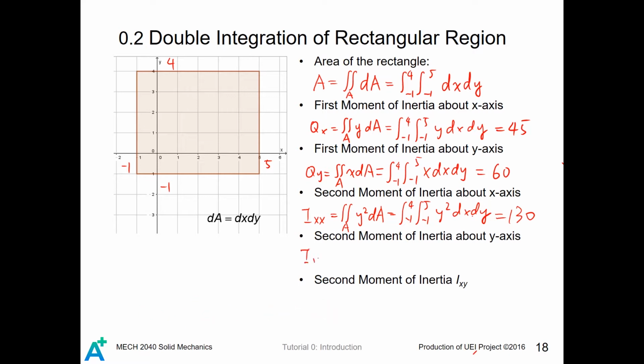Iyy equals the double integral over the entire area of x squared dA, which equals the integral from -1 to 4, integral from -1 to 5, of x squared dx dy.